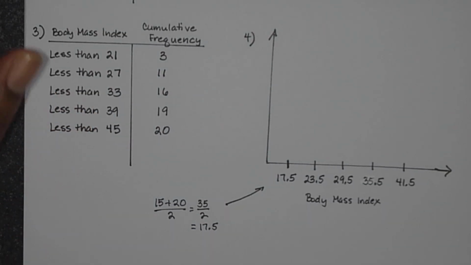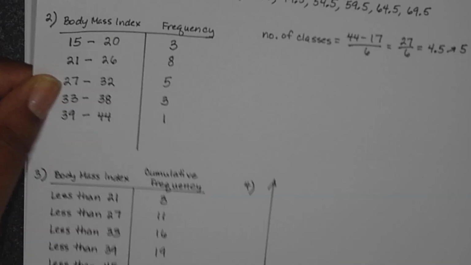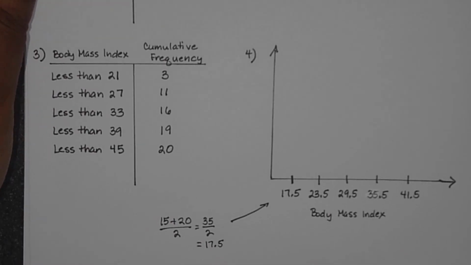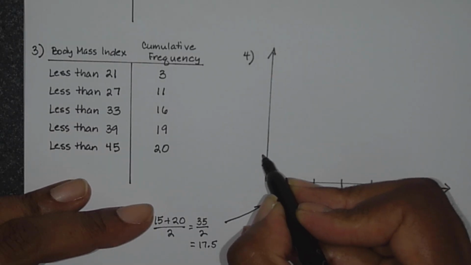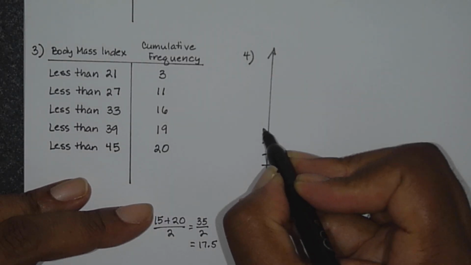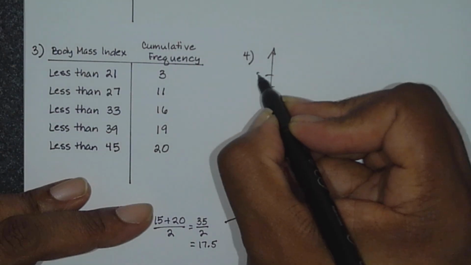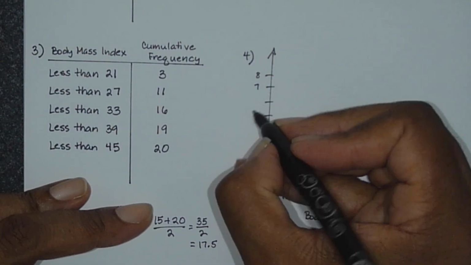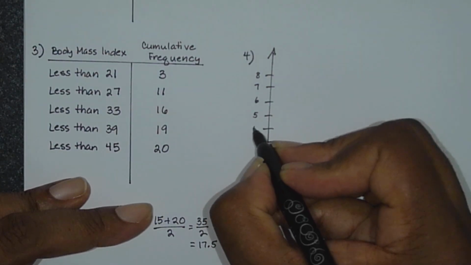Now let's see what we got here in that frequency table in number 2. This is from 1 to 8. And by the way, you'll have a vertical and a horizontal axes on your exam.